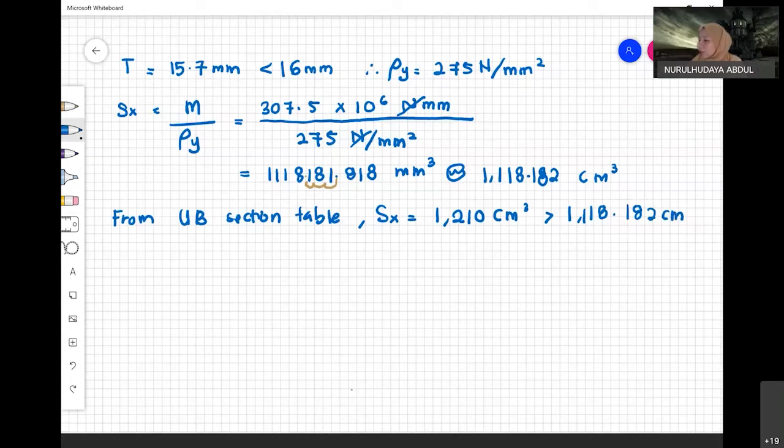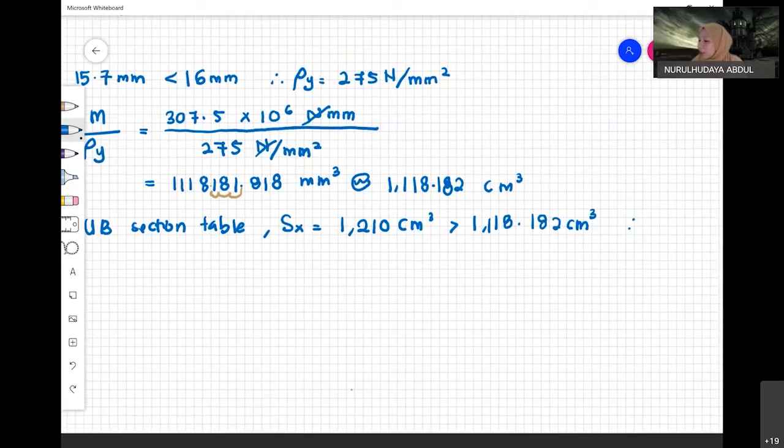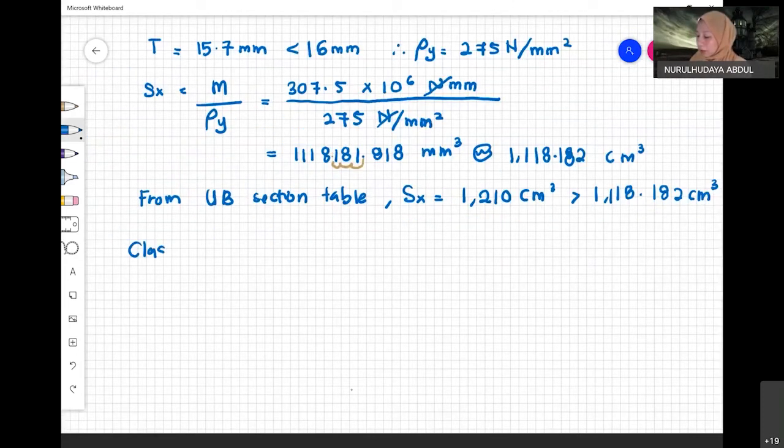Okay, so it is okay. Because before this we looked for SX to find the section. But now we already have the section, we just check whether its SX is more than the plastic modulus we calculated from the loading. We cannot provide less, we must provide something bigger.